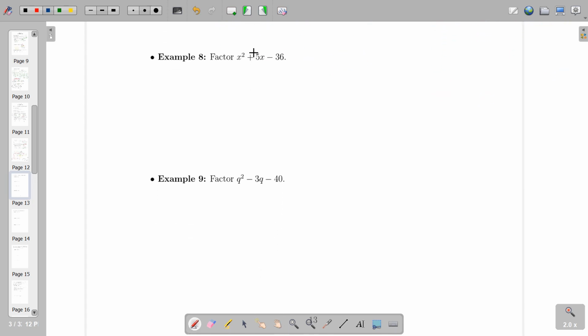Okay, what about if the middle term is positive, but the last is negative? Well, here's where things get a little trickier, because we have x, and then negative 36. I need the last times the last to multiply to make negative 36. So when we want to make negative 36, the signs on the numbers we're multiplying have to be opposites, right?